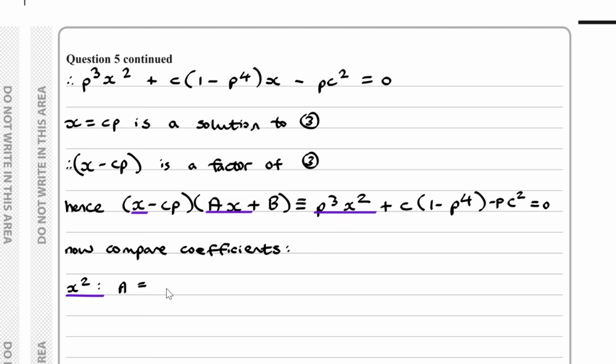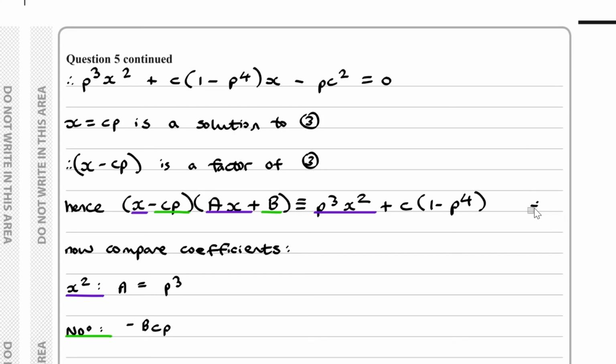So we see that a is equal to p cubed. And if we now compare the number terms, on the left hand side we have minus cp multiplied by b. So we have minus bcp, and this is equal to what we have over here. Sorry, here we have an x. Let's write it out neatly.